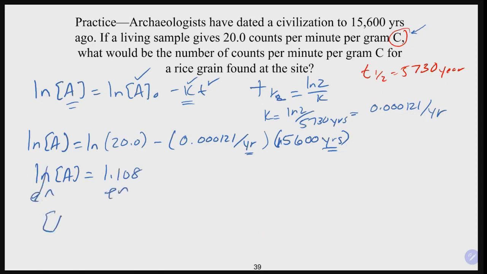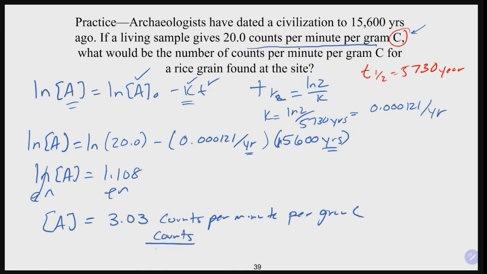That means that we will end up with, and I'm not going to use the rounded number here, I'm just going to use what's on my calculator, approximately 3.03. The units here will match the initial units, so these would be counts per minute per gram of carbon.